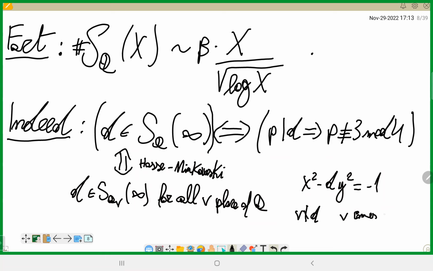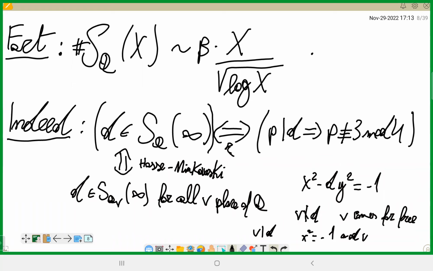So the only requirement is at the V dividing D, and if V divides D, then essentially if V is odd, what you're saying is that x squared is -1 mod V, so to say. So x is basically a fourth root of unity mod V. It has order 4, so V must be 1 mod 4. So this explains the criterion here, that D is in SQ infinity if and only if all prime factors of D are either the number 2 or they are 1 modulo 4.